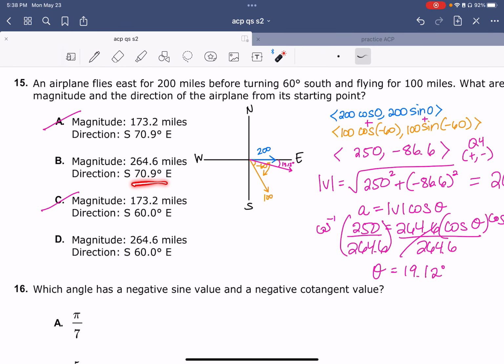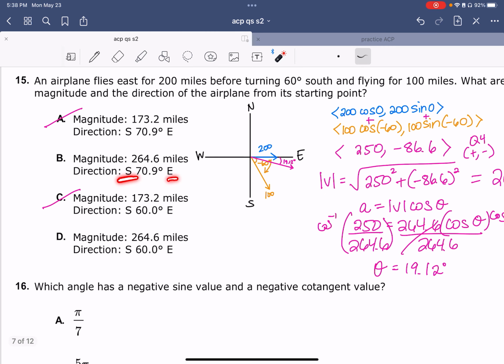Now, that's not the answer choices we have. The reason for that is because these are going from south to east, meaning that you start in the first letter, which is south, and you go in the direction of the east until you touch the vector, which is right here. So we're looking for this angle. We know this one is 19, but we got to figure out this long one. In order to do that, we know the whole quadrant is equal to 90 degrees.